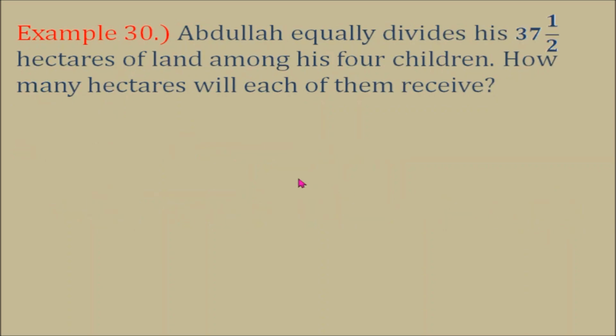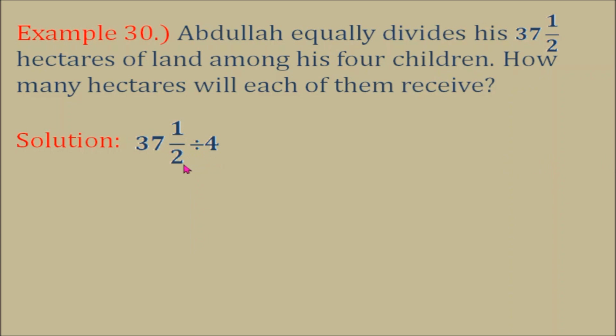Example number 30. Abdullah equally divides his 37 1/2 hectares of land among his 4 children. How many hectares will each of them receive? So how do we solve this problem? Yes, we divide. So that means 37 1/2 divided by 4.